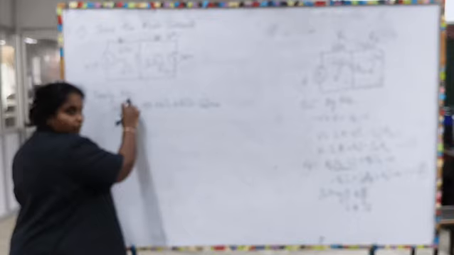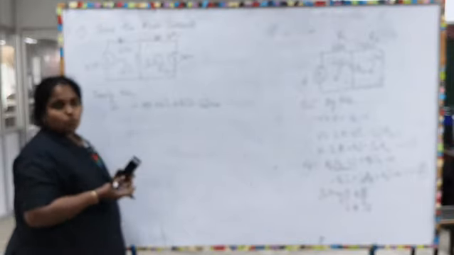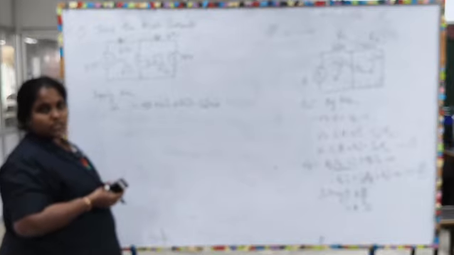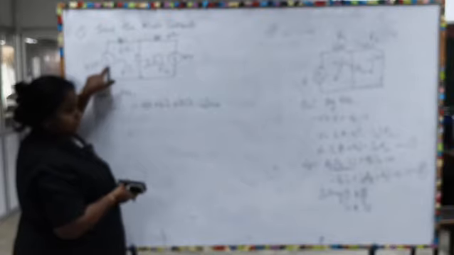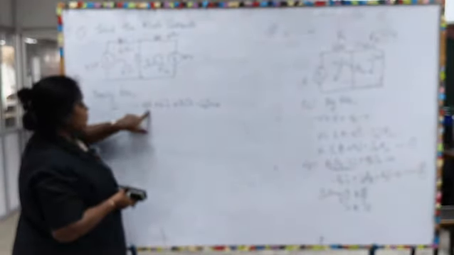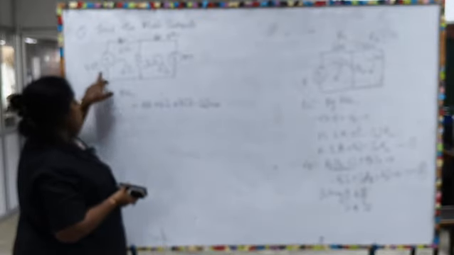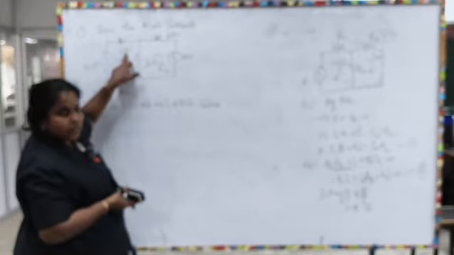Once again I repeat, KVL, as we know, is the algebraic sum of voltages around a closed loop equal to 0. Here we have a voltage source, and we consider it to be a voltage drop. So, it is minus 42, and next we have the 6 ohm resistor.